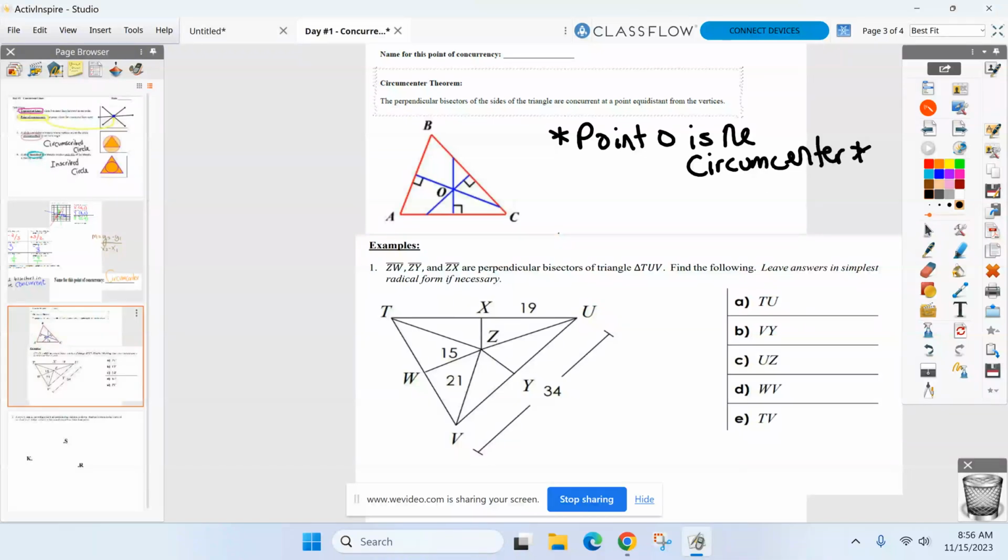That's powerful. Grab a colored pencil right now. Let's do these in dashed lines. Draw a dashed segment from O to B. Do a dashed segment from O to A and O to C.